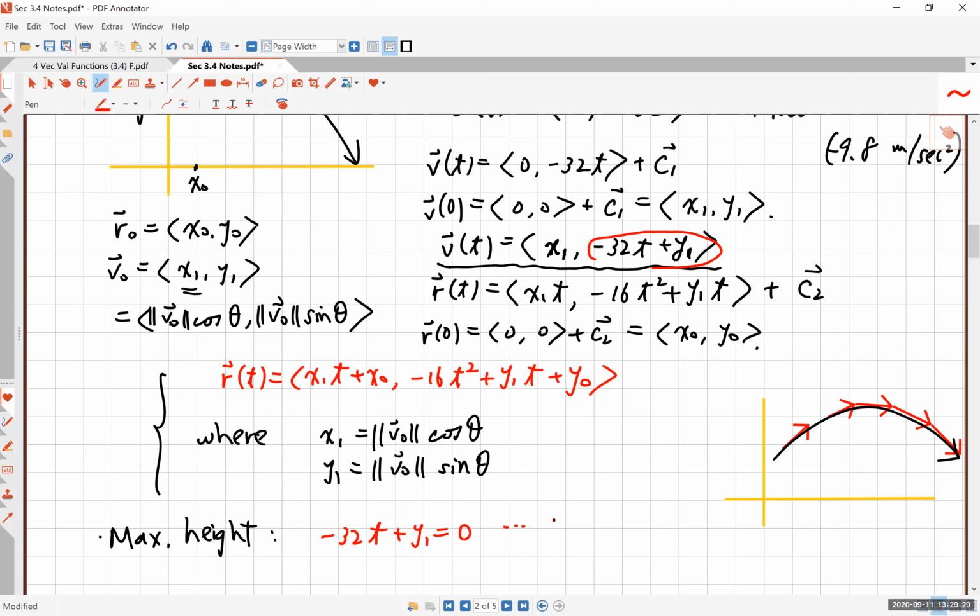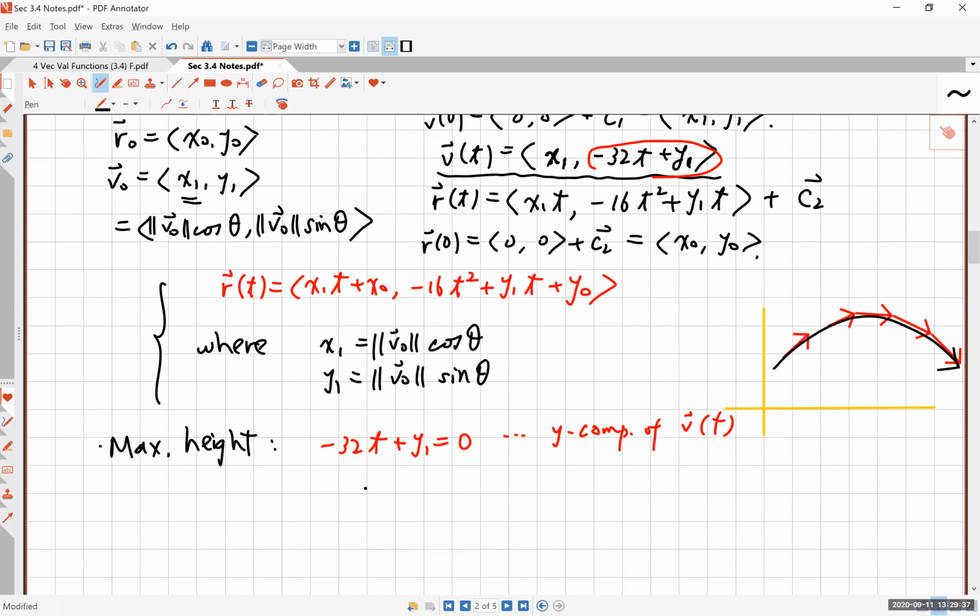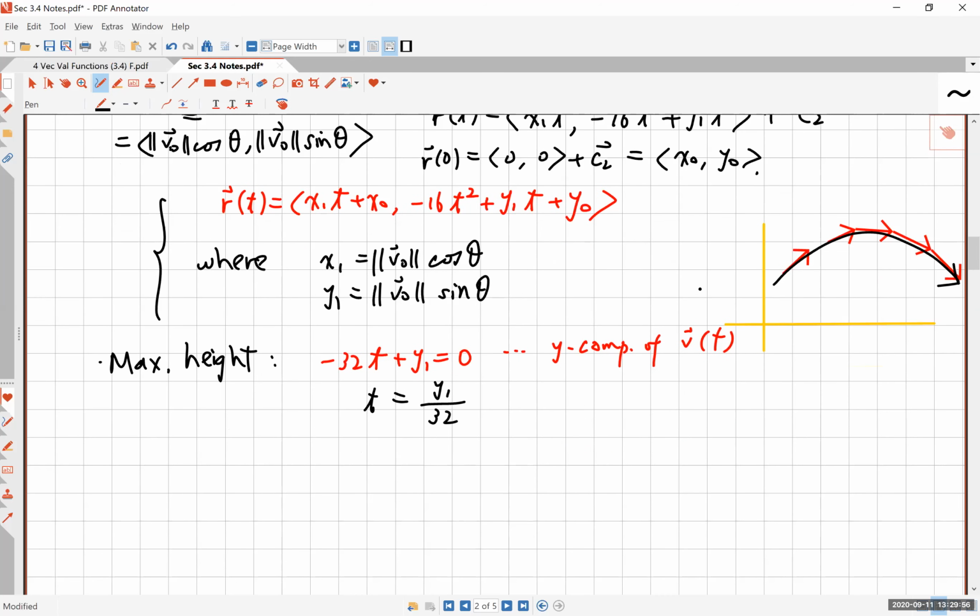That's what we mean by the object being on the top. So from this, t is easily calculated by dividing y1 by 32. And it makes sense, as I said before, if y1 is 32, because that component loses speed at 32 feet per second, every second, this is the appropriate number for t.